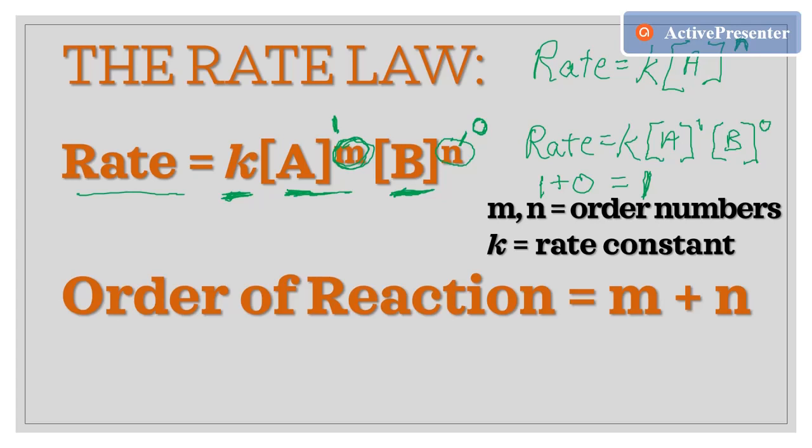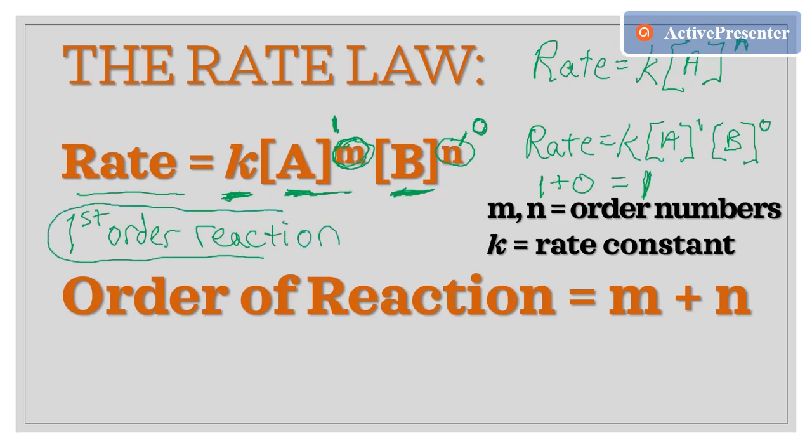So this would be an overall first order reaction. So you just add them up, is all I'm saying. You just add up the orders of reaction, but you have to figure out each individual order of reaction for each individual reactant first, and then you add them up.